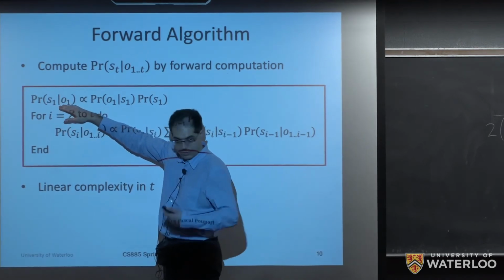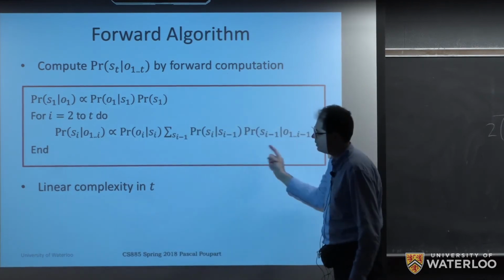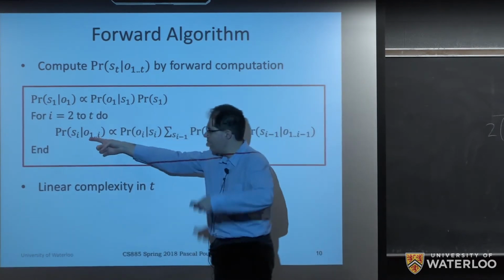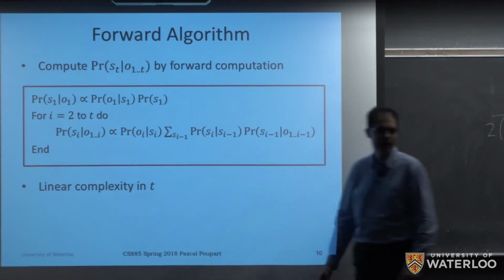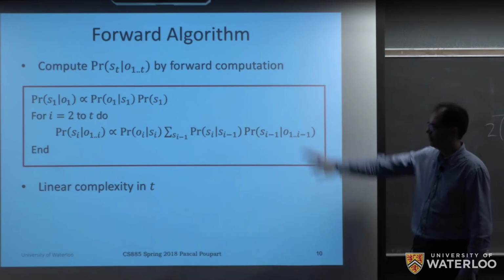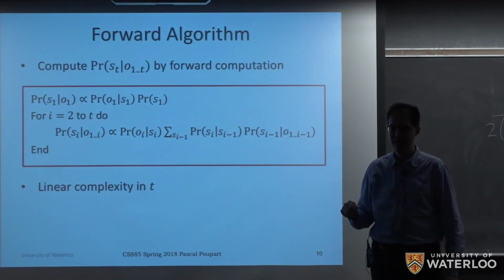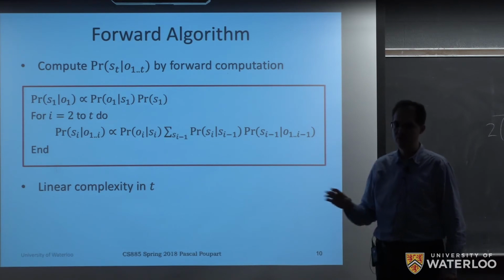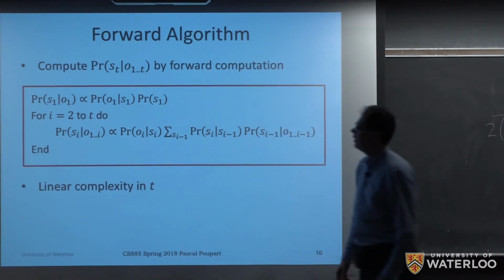That would give us a posterior. And then after that, we apply our recursive update to get our belief at every time step given all the observations up until now. Okay? Any questions regarding this? Okay, good. So yeah, so this should be something that most people are familiar with.